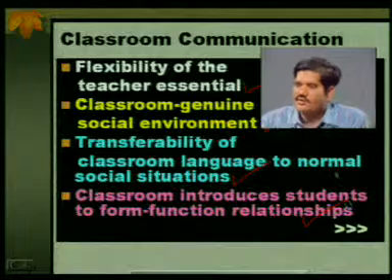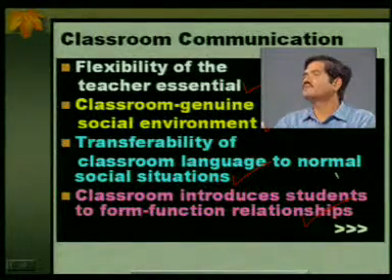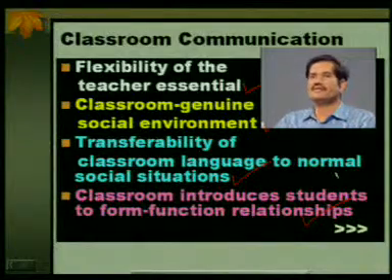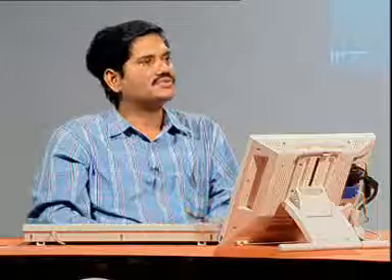Then the classroom introduces students to form function relationships. What does this mean? It simply means that for every structure in the language, there is a separate function. For example, classroom situations demand that we make use of yes or no type questions.